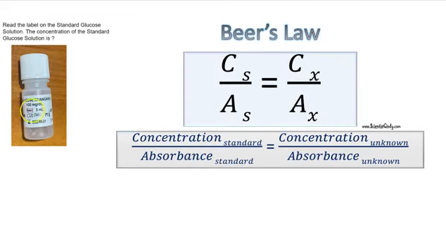We have this number, because if you look at the bottle of our glucose standard solution, you will see this number, which shows the concentration of our standard solution. Based on the solution we use, the concentration of our standard solution, CS, is 100 milligram per deciliter.